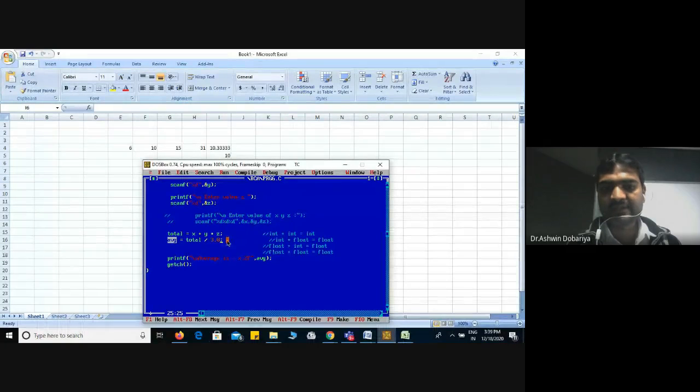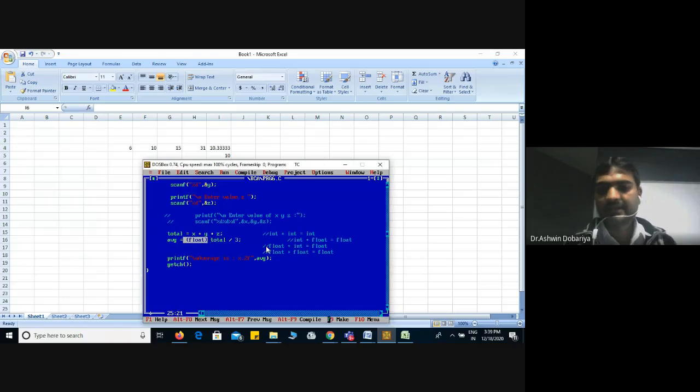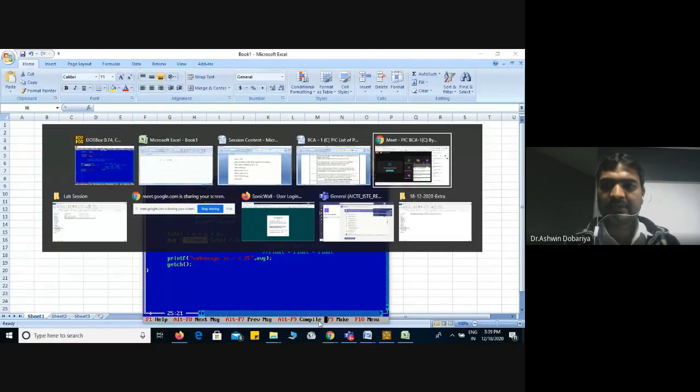In Turbo C, sometimes it creates a problem. Instead of this, another option is we can do typecasting. This is known as typecasting. Let me run this to see whether it works or not. Otherwise, we'll switch over to an online compiler. Sometimes due to the compiler, we are not getting the answer. Okay, not an issue, let's start the online compiler.